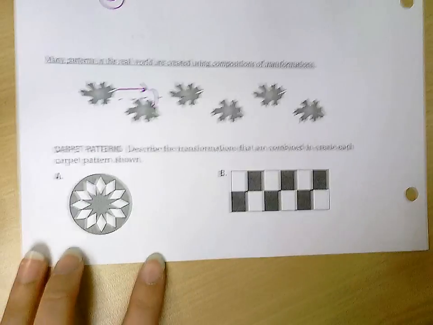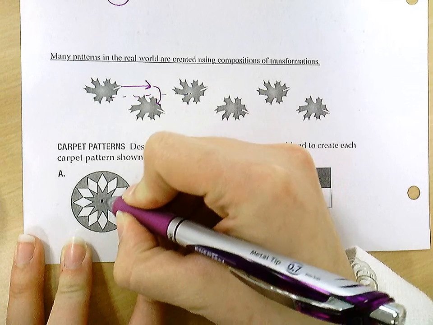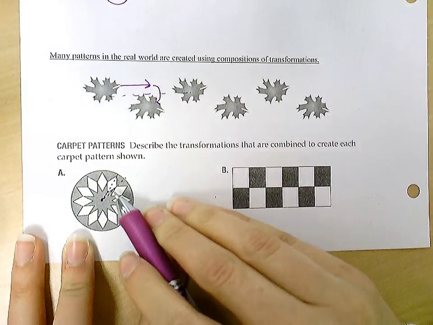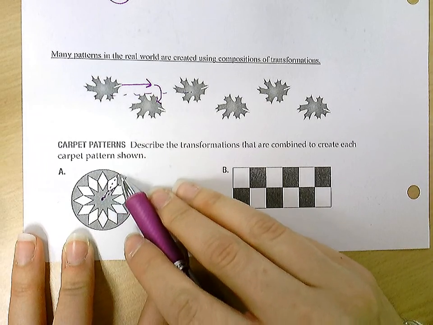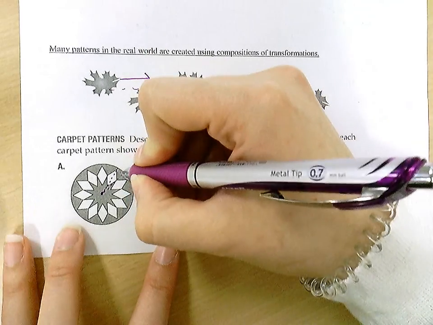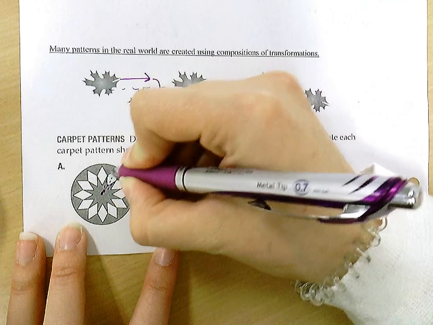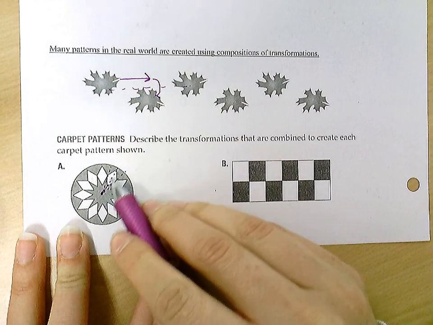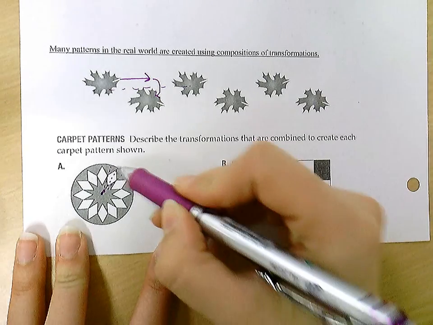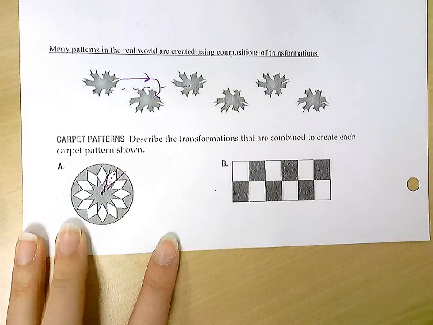For letter A, I took this center point here, and I split this into just this little piece here. If I have this small little section, I could reflect that over to make this new one. So I could reflect over that center line there to make that new pattern here, and then take that entire thing and rotate it all the way around.